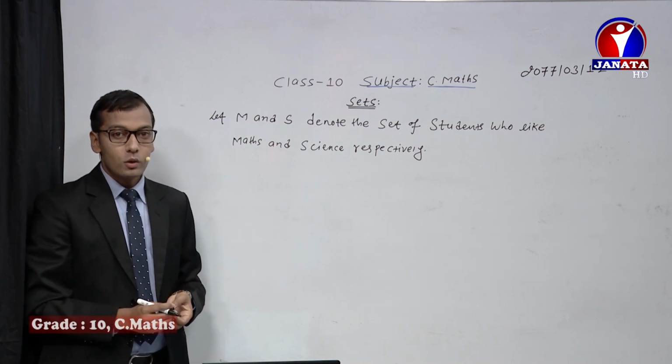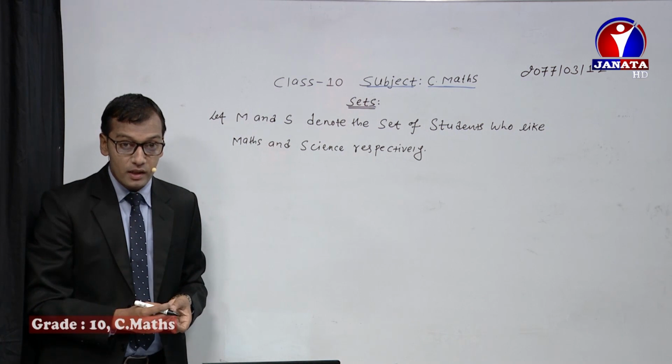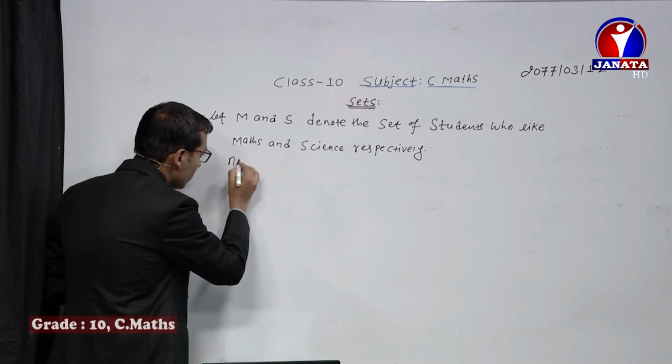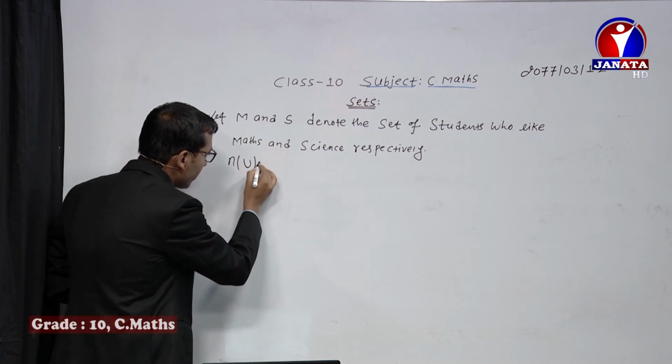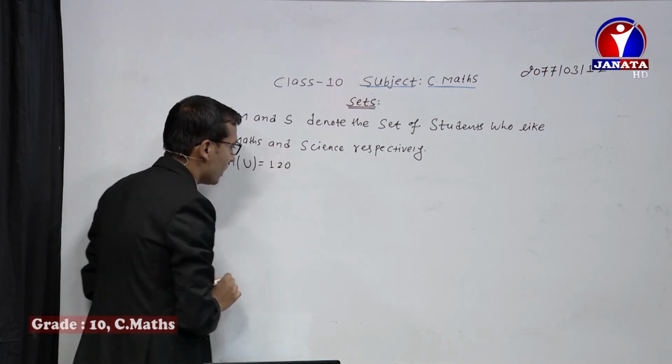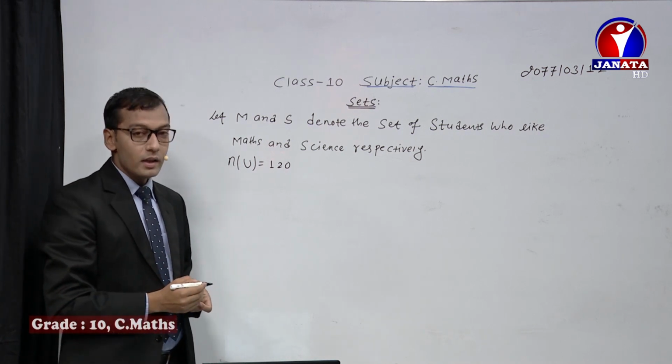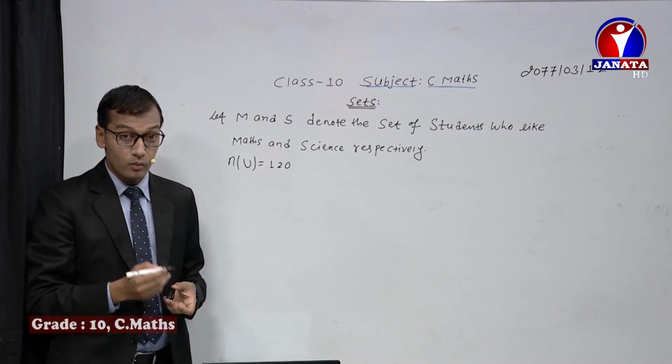What is the total number of students who appeared in the examination? 120. So n of U is 120. There is a statement which is very important.